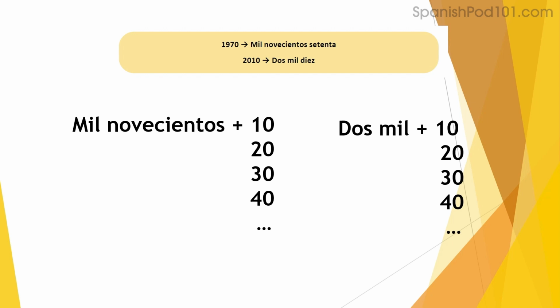You just say 1900 plus 10, so 1910, 1920, 1930, etc. And the same thing with 2000. Just say the number at the end: 2010, 2020, 2030, 2040. ¿Ok? Repite, por favor.